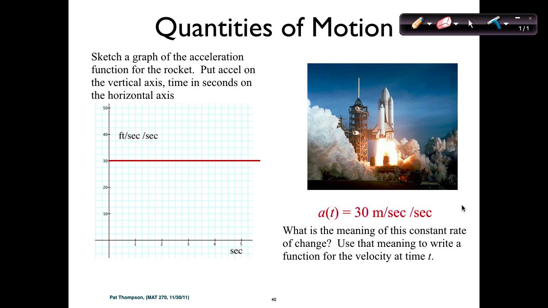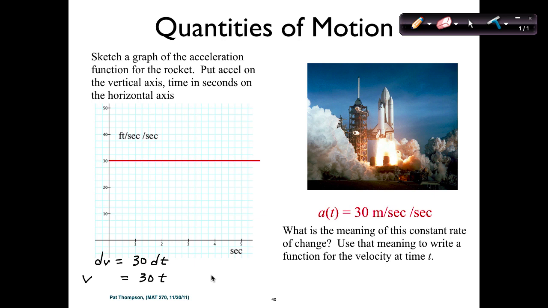Okay, so we know that dv equals 30 dt. Can we also say that the velocity equals 30 times the time? Is that true? Or not? Why is that true? There's a reason that's true.